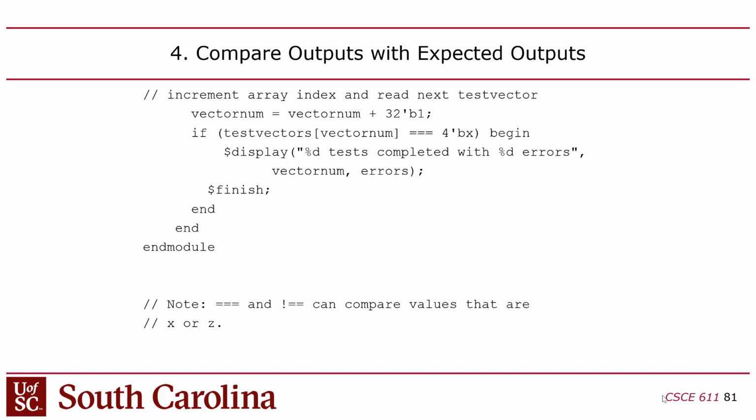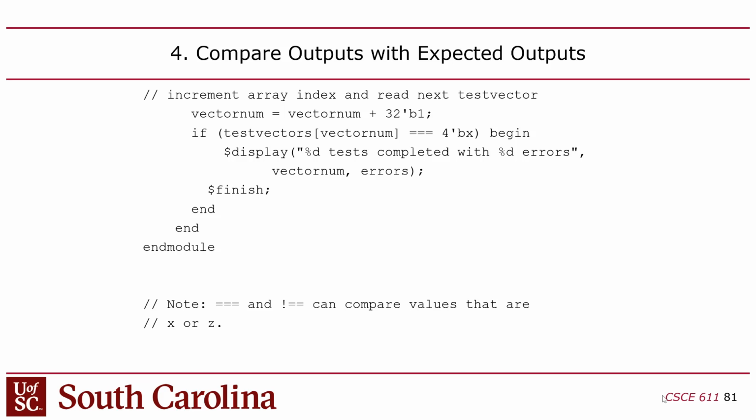Continuing inside the same always block, you can increment the vector number, which only happens on the falling edge of the clock, and only if reset is 0, right? Because it's inside the reset if statement as well. And then this thing is a little weird, but it says if test vectors vector num equals x.